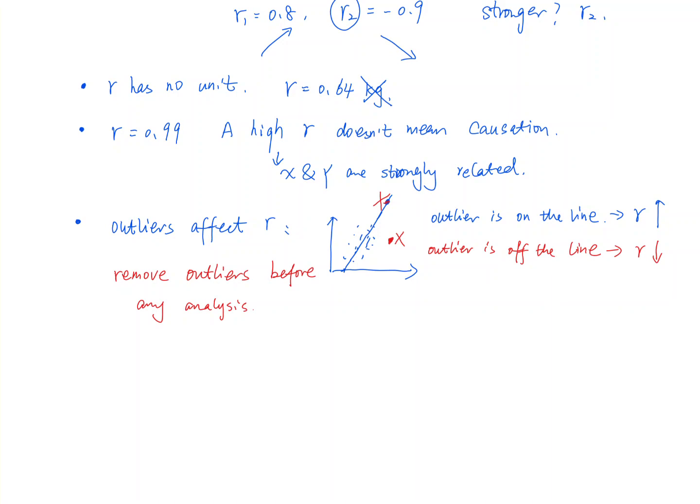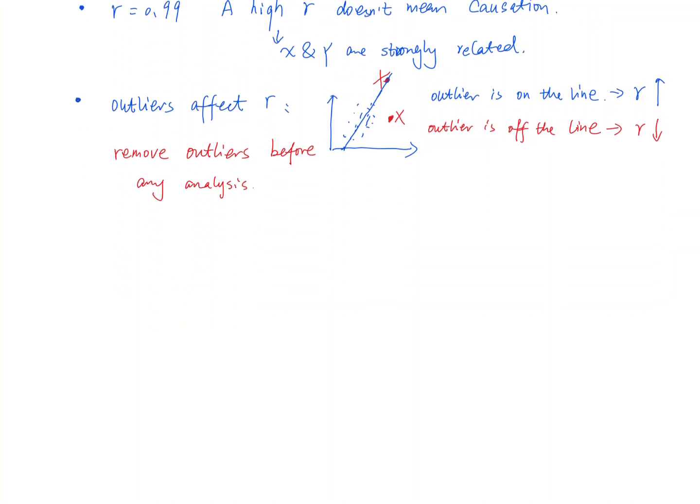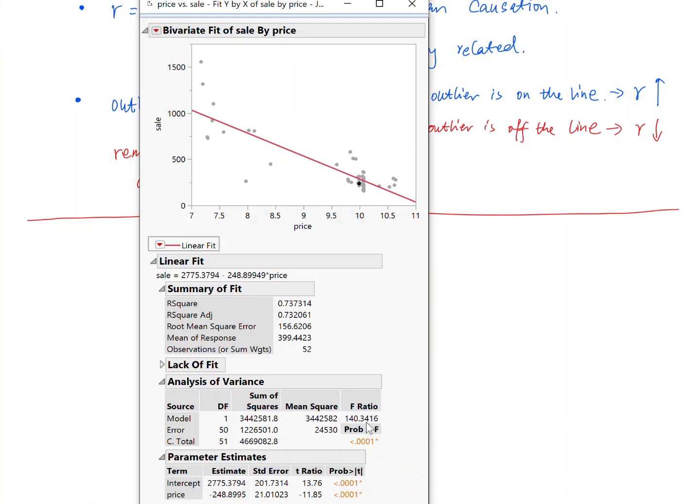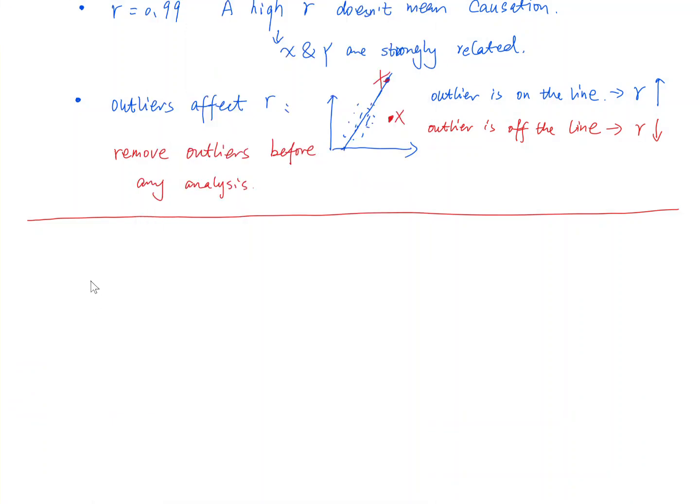So until here we have talked about the properties of the correlation. Again, when you look at this output, it doesn't show you what r is, but instead it talks about what R square is.